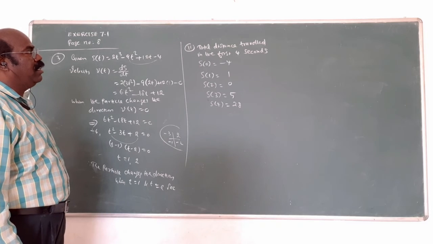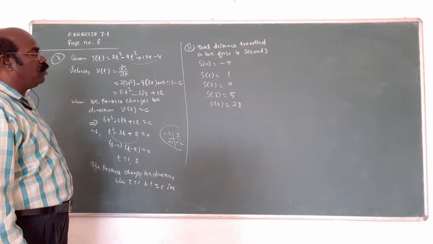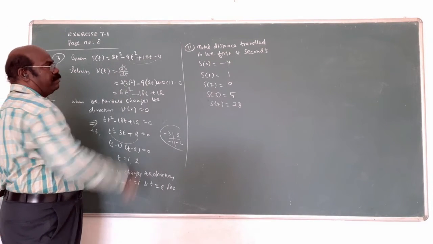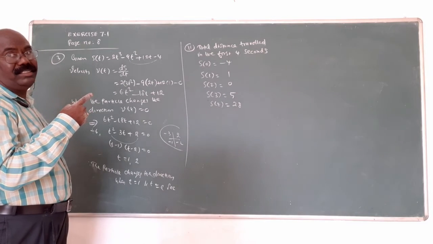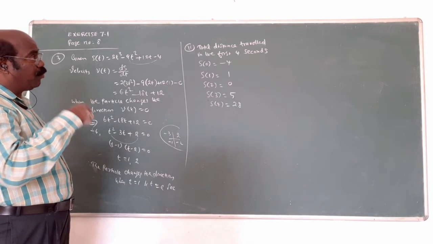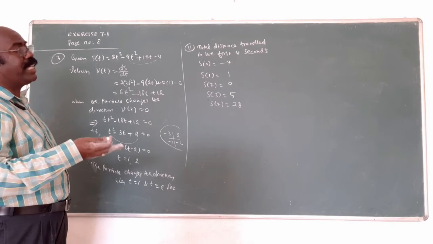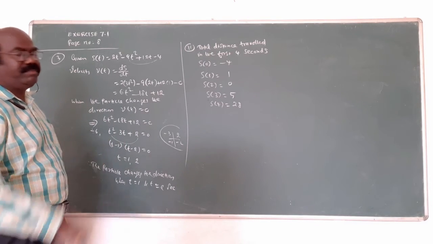Substitute t equal to 0, 1, 2, 3, 4 in S of t. Here the first 4 seconds are asked, so you take 0 to 4. Suppose the first 2 seconds are asked, it means 0, 1, 2. That's all.